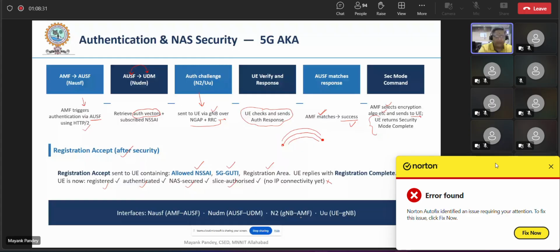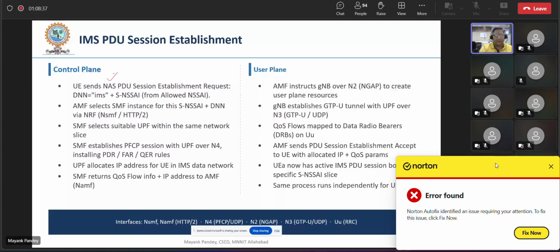Next step is UE sends a PDU session establishment request. This slide you have to spend some time with me. This is most important. And in this you will send whether you want IMS or whether you want internet, or if you are getting a mobile from any company, whether you want your company network, which DNN you want.